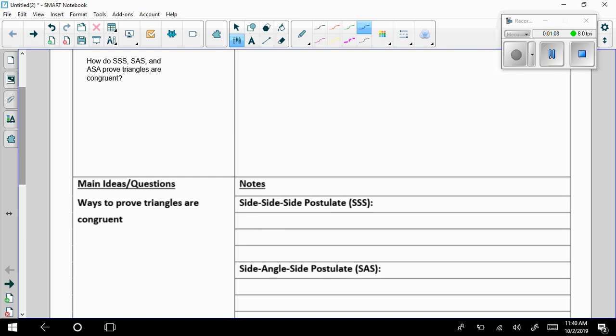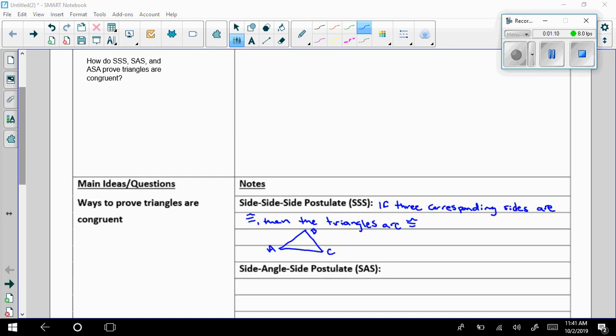So side, side, side states, right, if the 3 corresponding sides are congruent, and this is in 2 triangles, then the triangles are congruent.